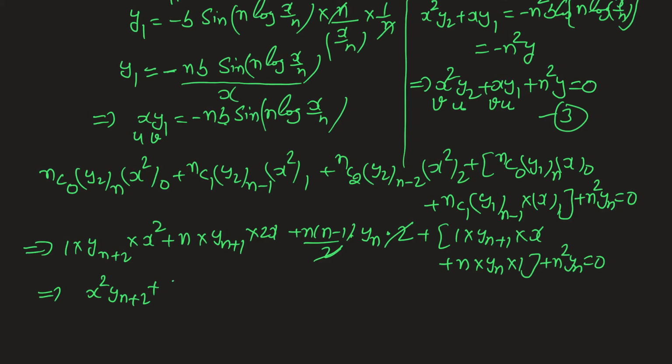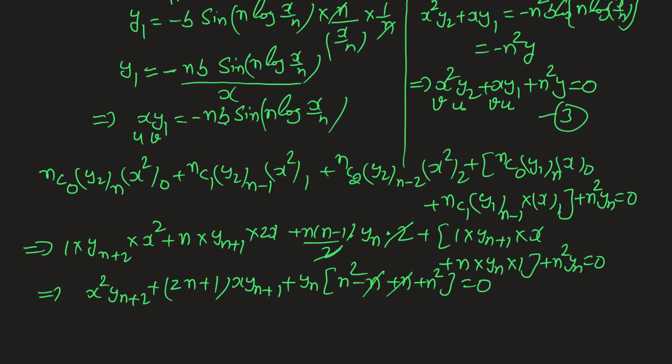This will be (2n + 1) x y_{n+1}. Plus y_n is common, this will be n squared minus n, this will be plus n plus n squared equal to 0.